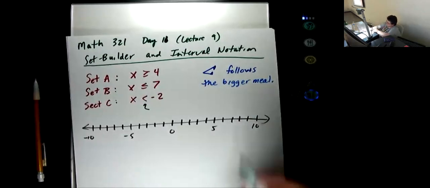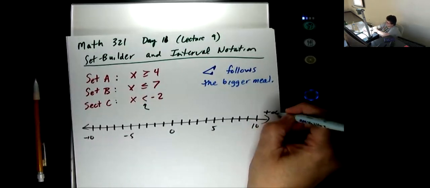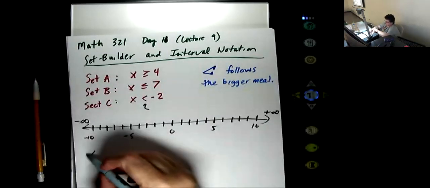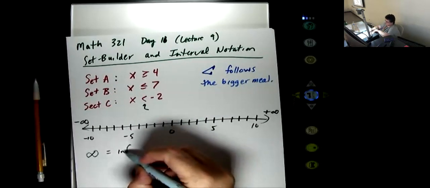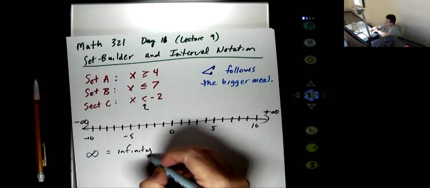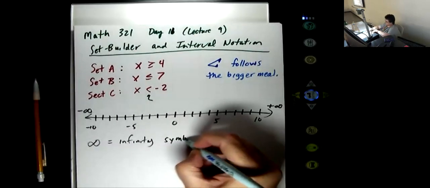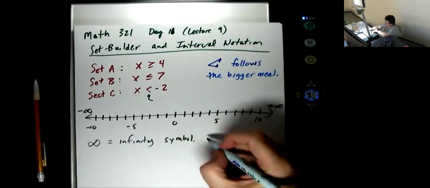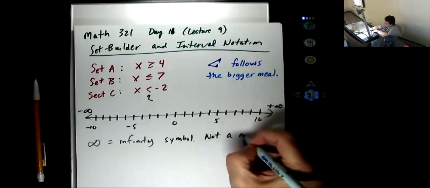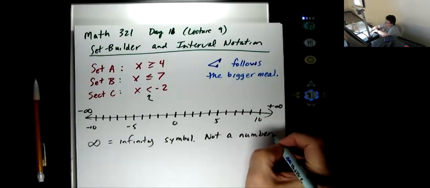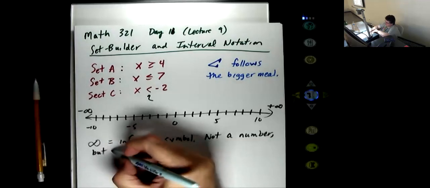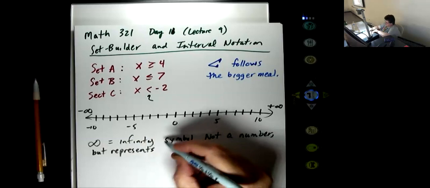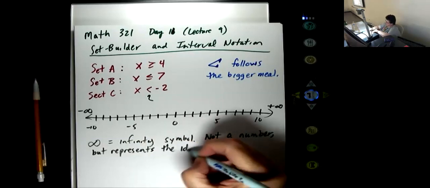And I'm going to put 2 symbols on here that look similar. This is the infinity symbol, like Buzz Lightyear. It is not a number, but represents the idea of the largest number possible.